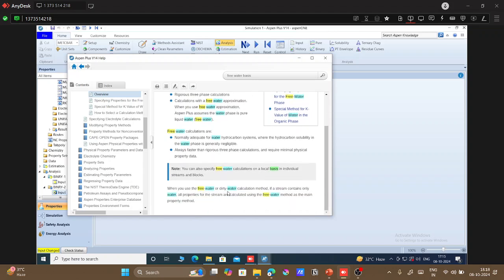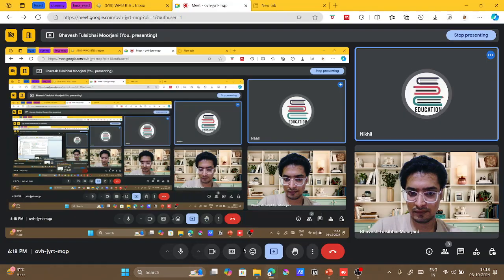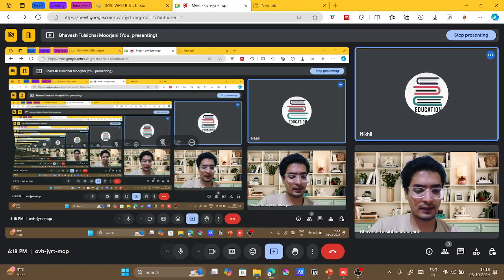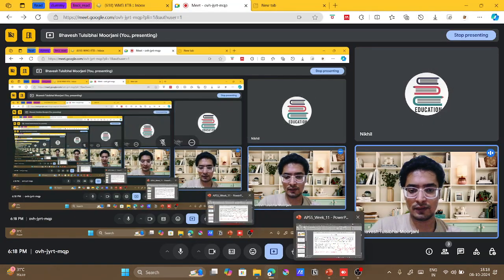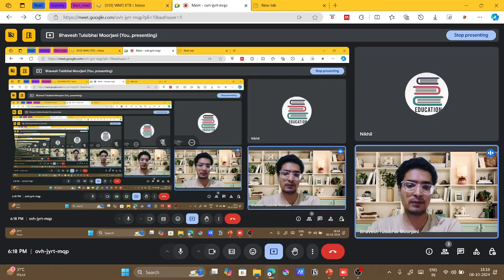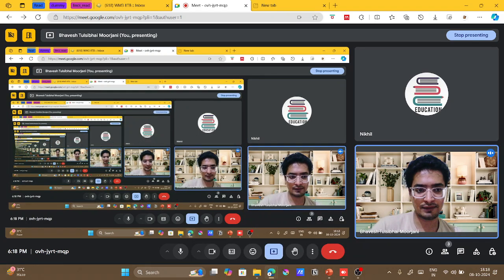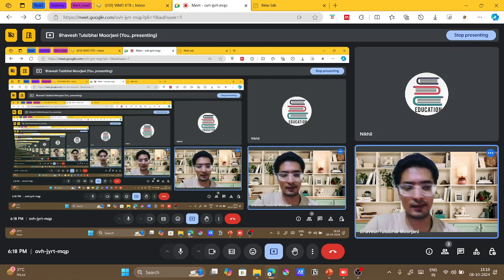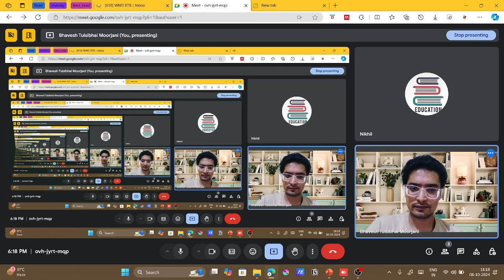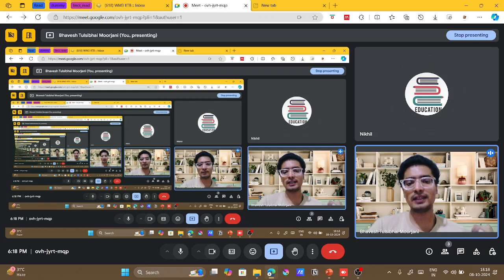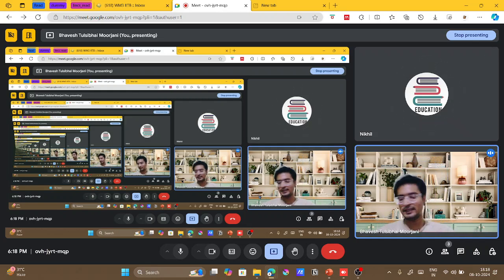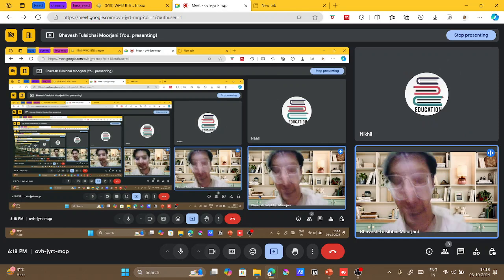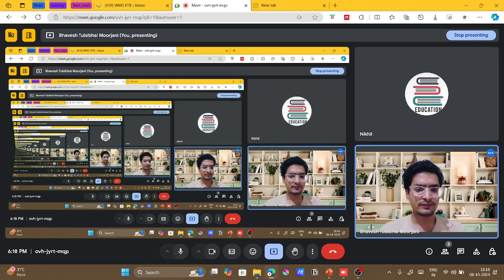So when you use free water or dirty water calculation, is it valid for the vapor phase, or for the liquid-vapor phase also, the VLE? Yeah, it's valid for all, right? The temperature range mentioned was from 273 to 2000 Kelvin, up to 10,000 bar. So it's valid for all phases, and water will act as an inert, so it won't take part in any reaction in the process.